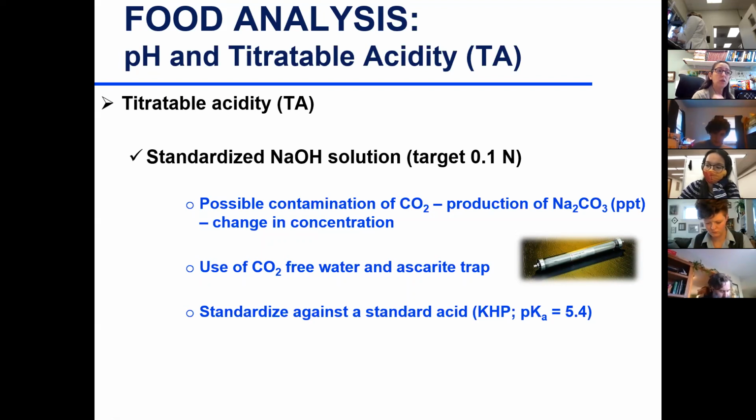The way we produce CO2-free water is basically we boil this water so that any dissolved CO2 gets boiled off. And we store this water in a flask or a container where we can connect it to a tube.